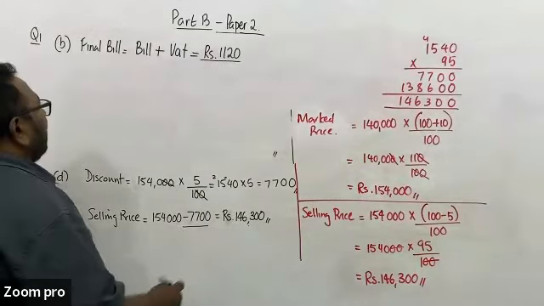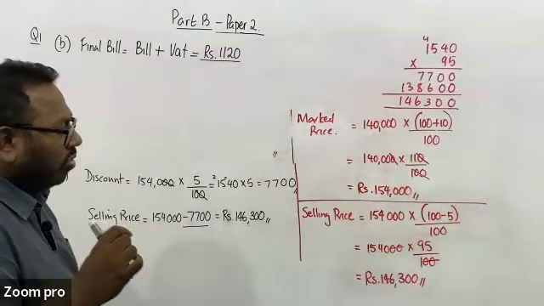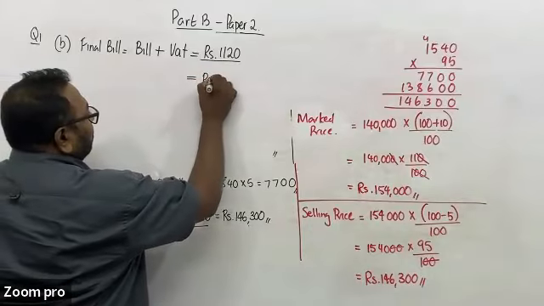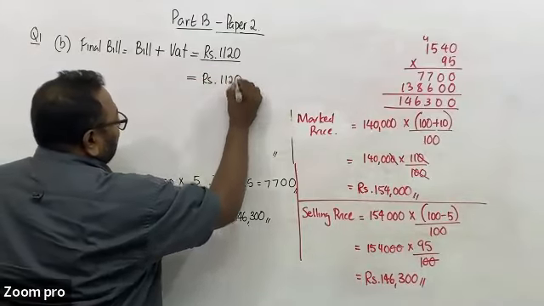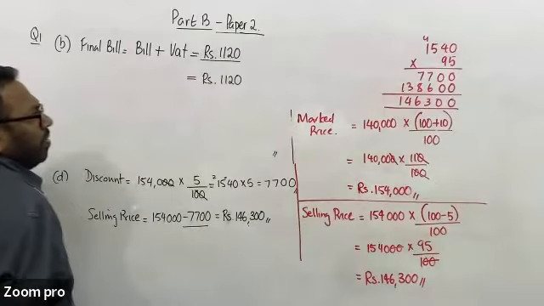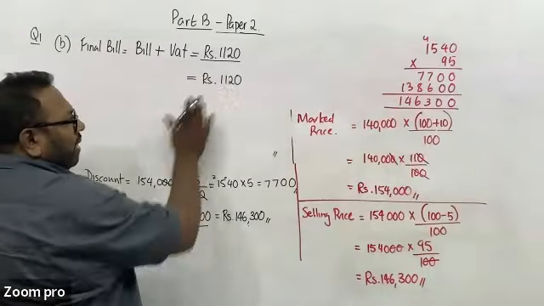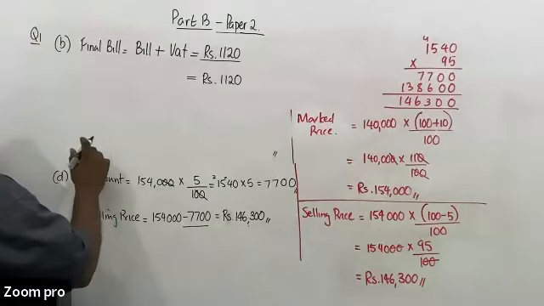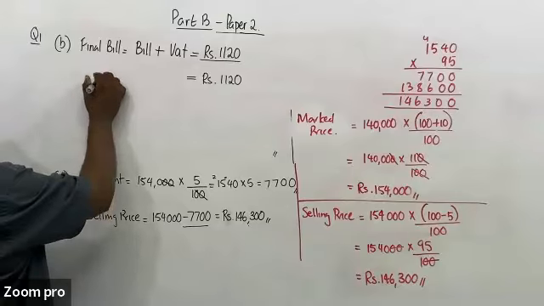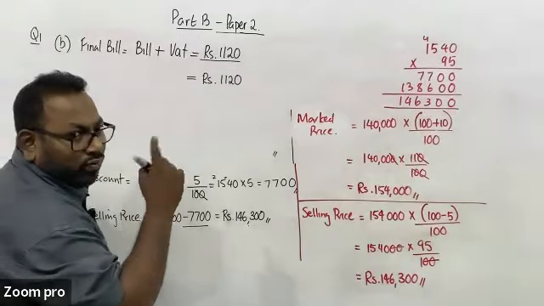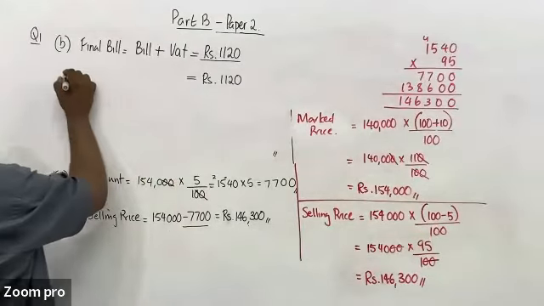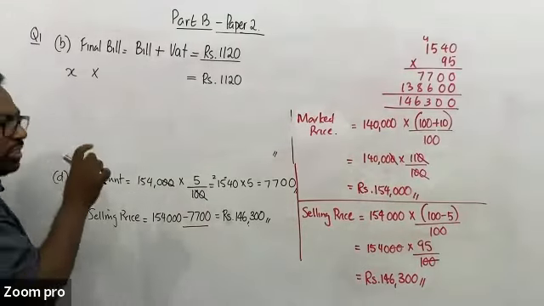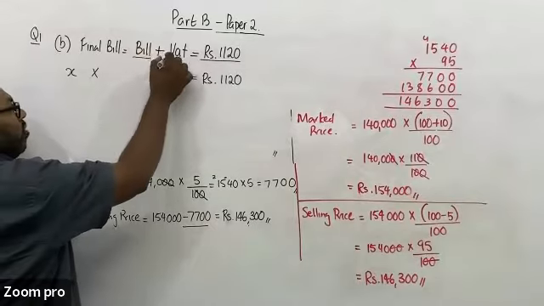So how can you calculate that? So you know here the final bill is 1,120. So we're going to try to use this method. They're asking you what is the value of the bill before this, before 1,120. So we'll take X into your cost, which is your bill value plus your VAT.